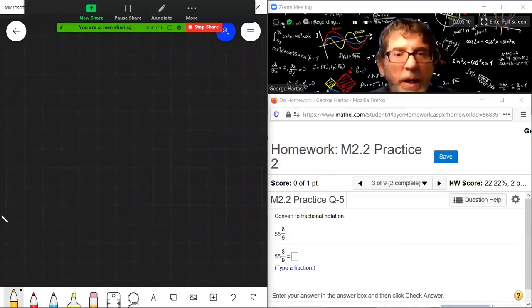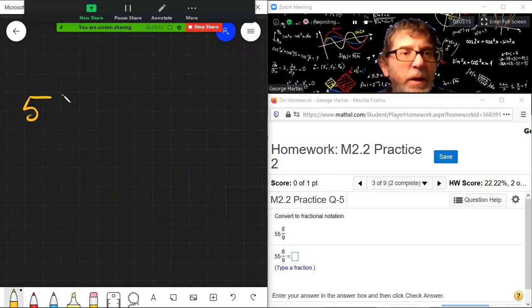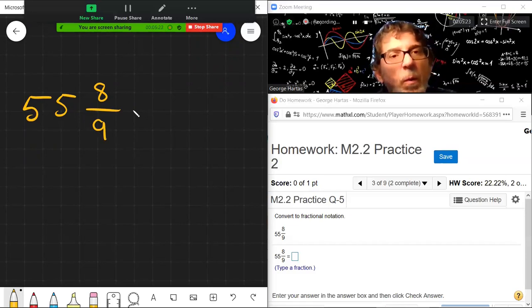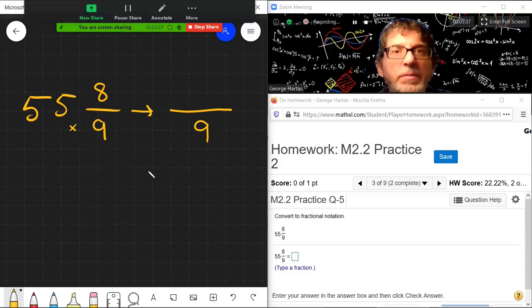All right, so now we got a big number here, 55 and 8/9. Let's go ahead and bring the fraction bar here. We know the denominator goes here. Now the question is, what is 9 times 55? And the answer is, I have no idea.